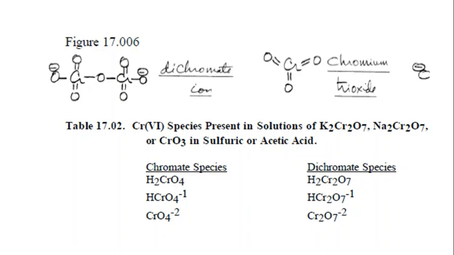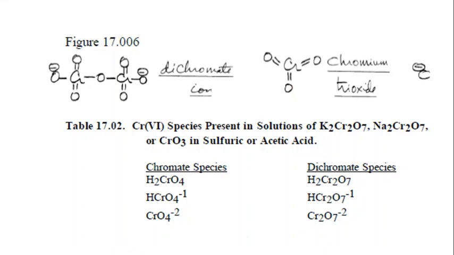Now from this dichromate, we can also get the single chromate CrO3, where there will be two doubly bonded oxygens. So you can say that all of these can be used as oxidizing agents depending upon the type of reaction that you are dealing with.